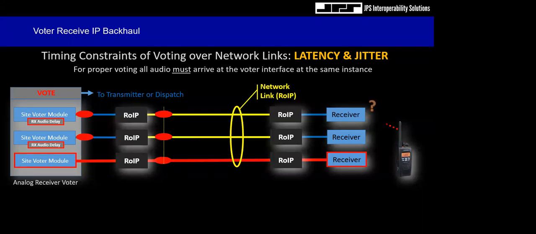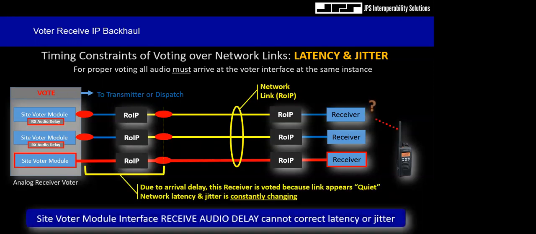I'll have to revisit the voter or comparator, realign the receive audio delay, realign the virtual incoming audio. And this is, again, going to change 6 o'clock in the evening when the network desaturates, the latency changes. So I'll be chasing my tail, readjusting my receive audio delay, and that's not a good thing. And that's something most voting manufacturers do not like doing, is voting over IP networks, right?